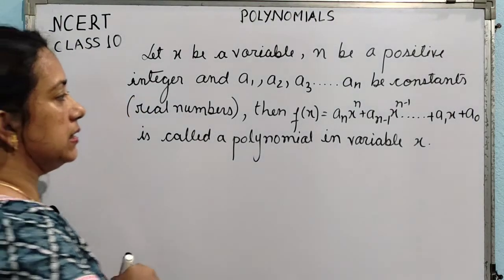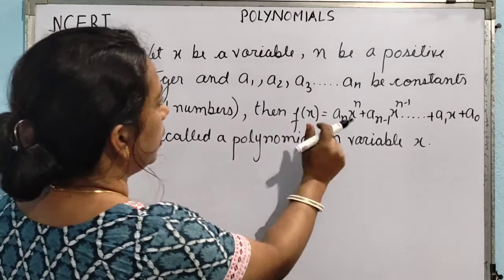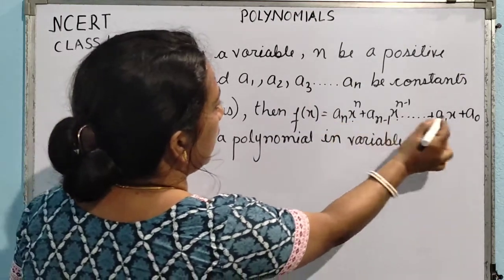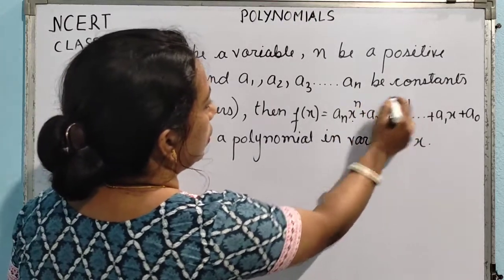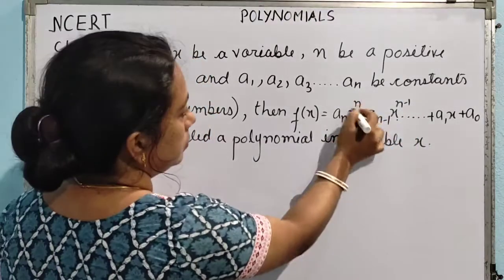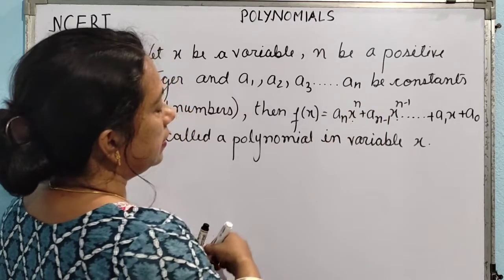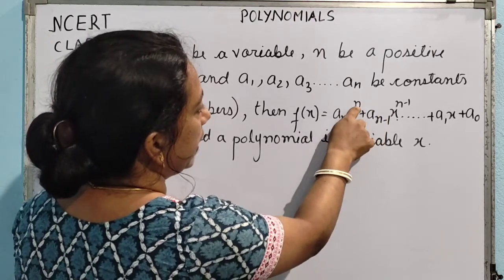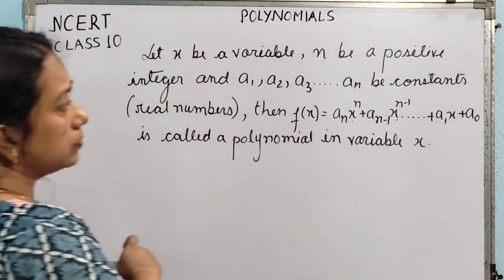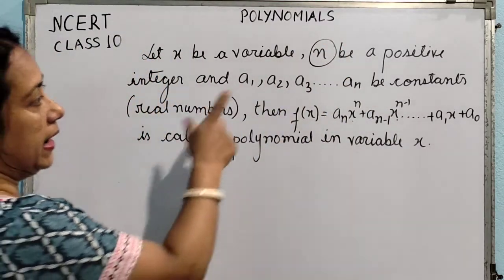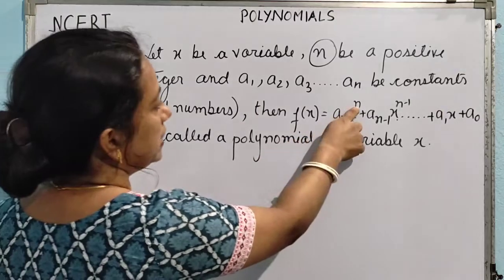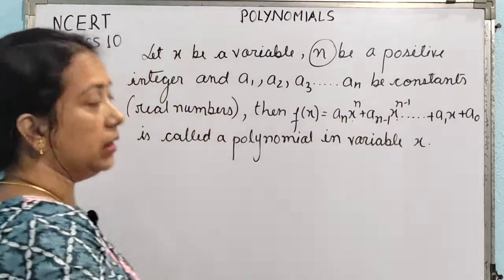Now here our x is the variable, but just have a quick look at the degree of the polynomial, or the powers of x. Here the power of x is n, then n minus 1. It has been mentioned at the very beginning that n is a positive integer. So if n is positive, n minus 1 will also be positive.